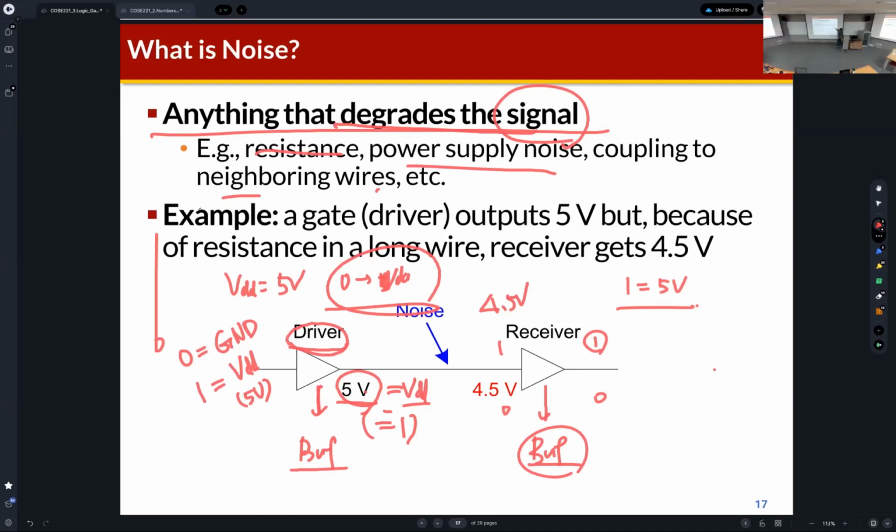The driver generates a 5 volt signal, which means the result of this driver is 1, and 5 volts is delivered along this electric wire. But because of resistance and other interference, the voltage level is changed to 4.5.